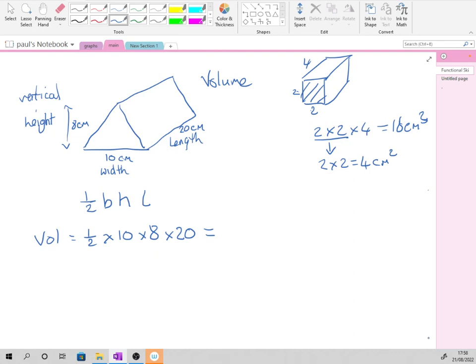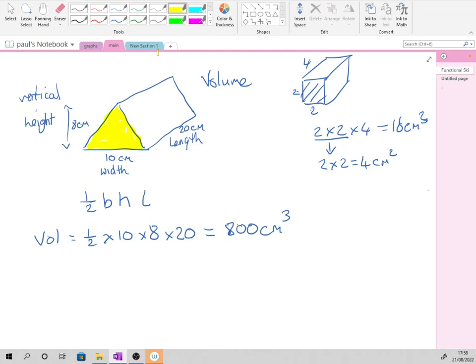So 0.5 times 10 times 8 times 20 is 800 centimeters cubed. So you find the area of the triangle first. That's what you've got to do.